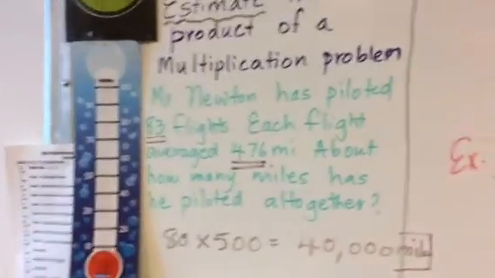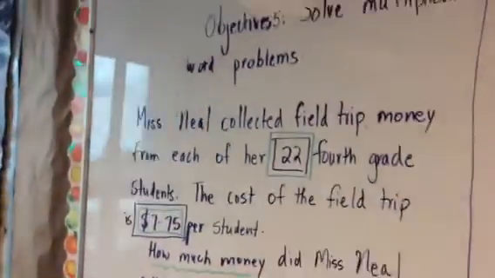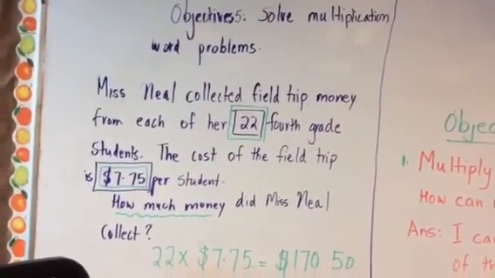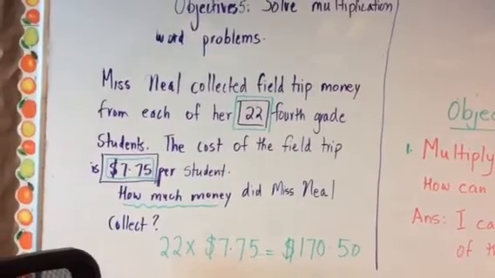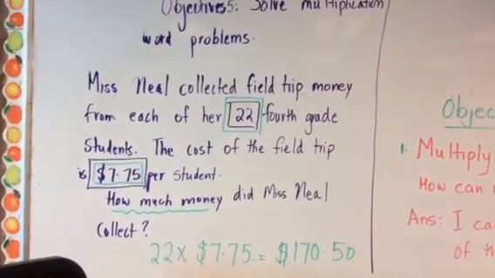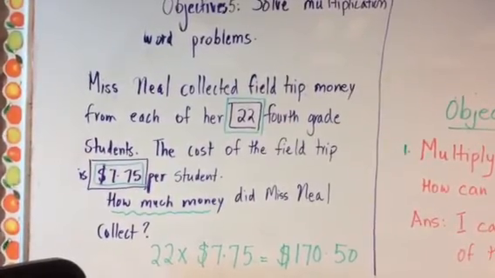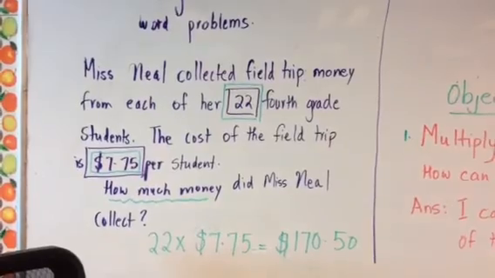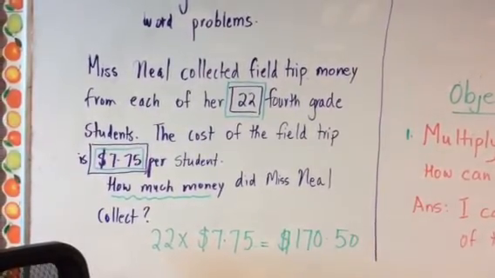We're going on to objective number 5: solve a multiplication word problem. Miss Neal collected field trip money from each of her 22 fourth grade students. The cost of the field trip is $7.75 per student. I put the numbers in a box because we're dealing with numbers.